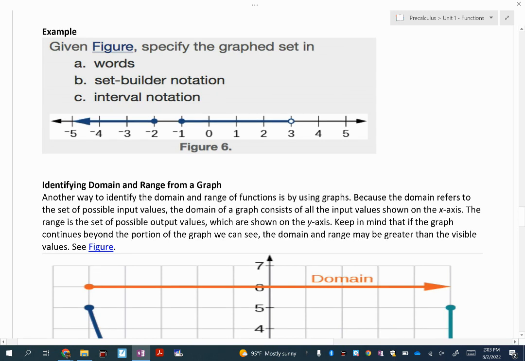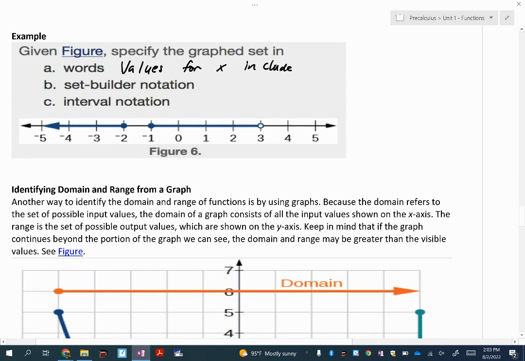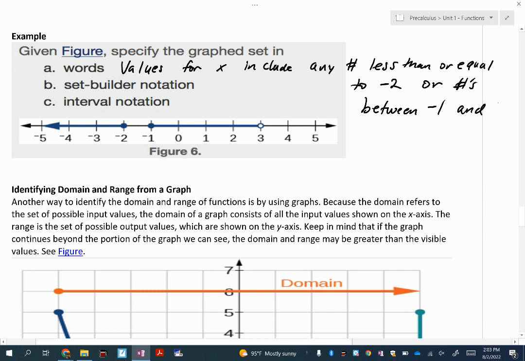All right, in words, our values for x include any number less than or equal to -2, or numbers between -1 and 3, but not including 3.